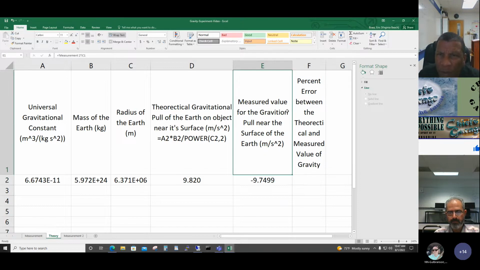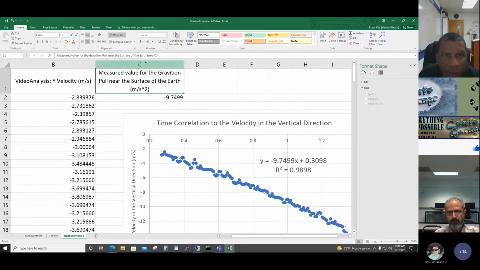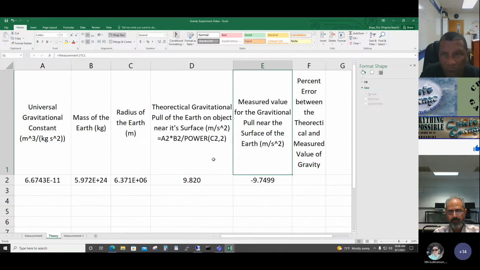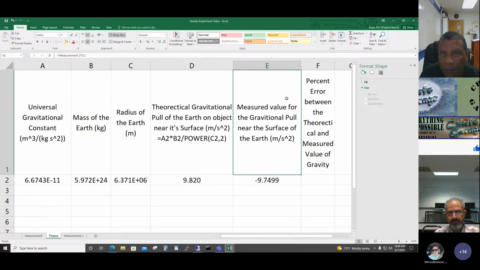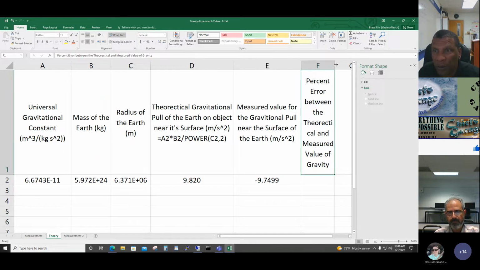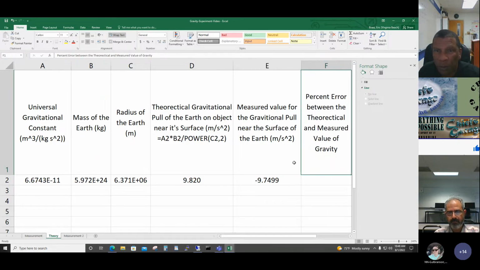So the measured value for the gravitational pull near the surface of the Earth, and that should correct it right on the theory page. A theoretical gravitational pull of the Earth of the object near its surface. Okay. Make this a little bit readable.